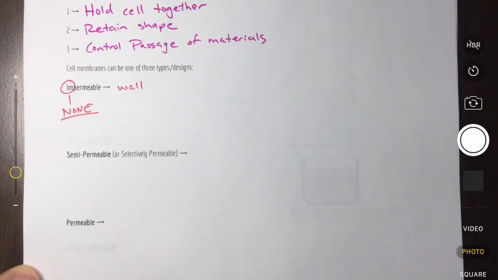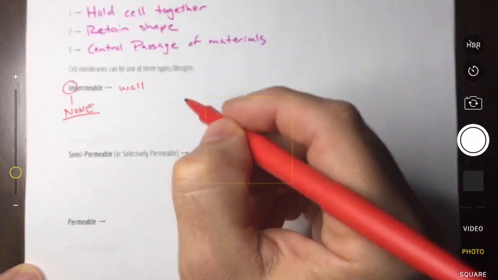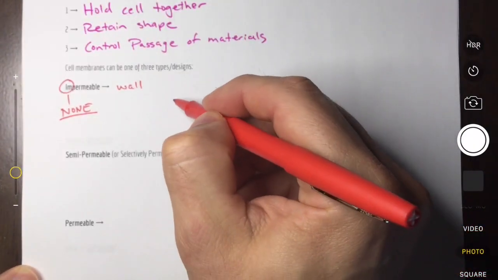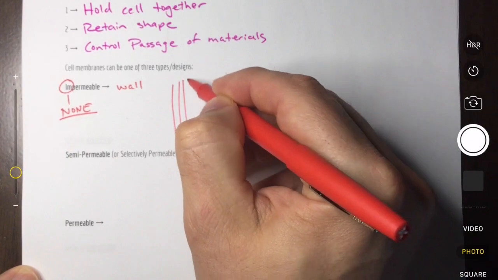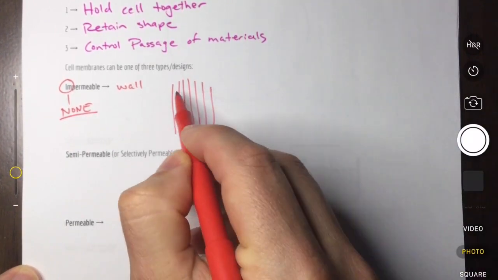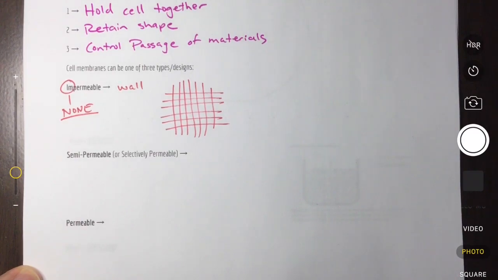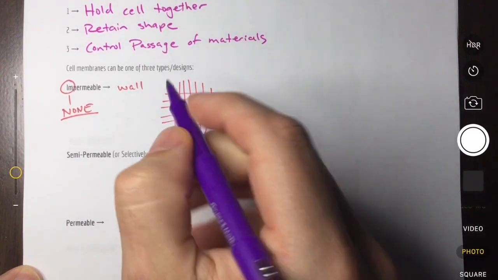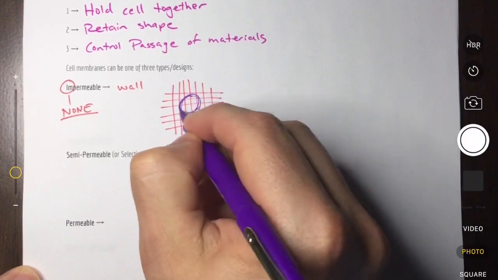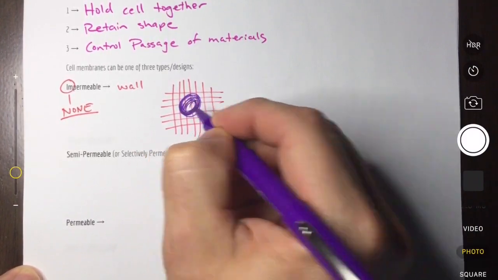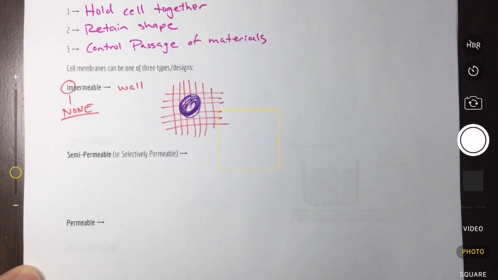So if we have our impermeable membrane, and again, imagine we could do this in a magnified view, we might have parts of our cell that are very, very tightly woven together. If we have items that are trying to pass through, let's say we have something that is about that shape and size, obviously it makes sense that it is not going to be allowed through that cell membrane if we have an impermeable membrane.